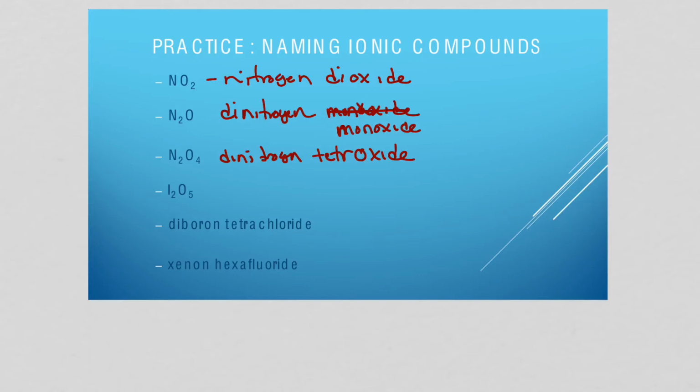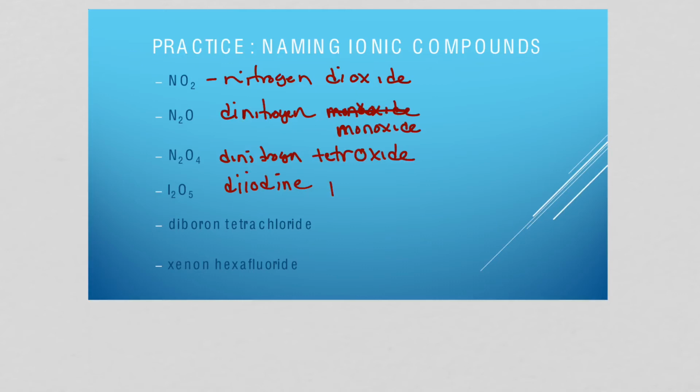So let's try something else. First element here, I, that's iodine. We have two of them, so it's a di, so it's diiodine. Now notice with the i-i, we keep both of them. Sounds better that way. Diiodine. We have the second element, we have 5 of them. It's again an oxygen, so it's penta and an oxide.